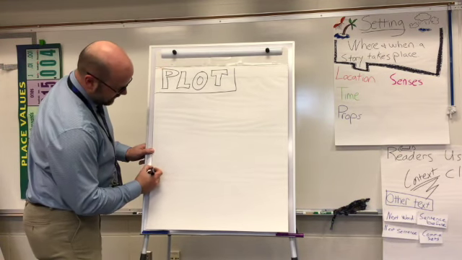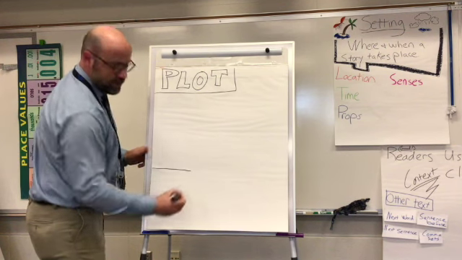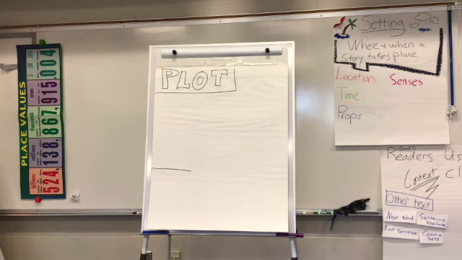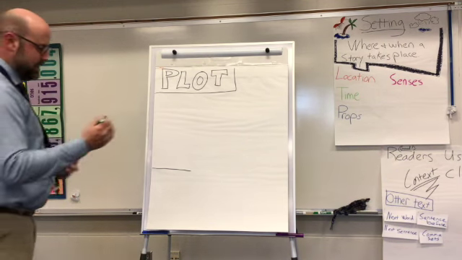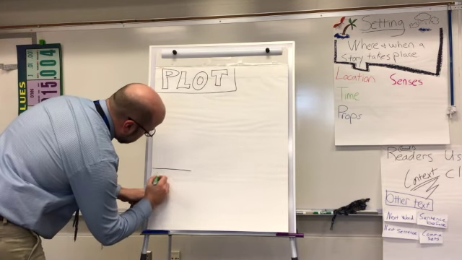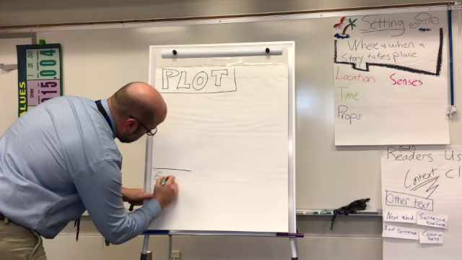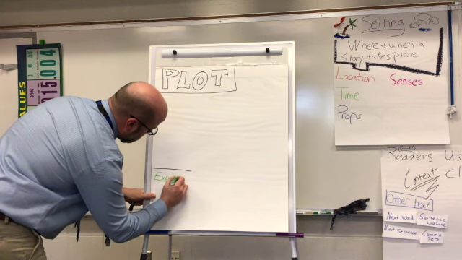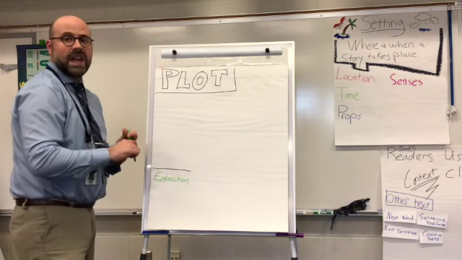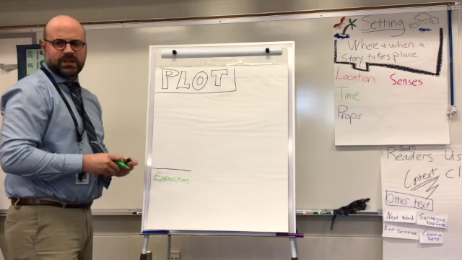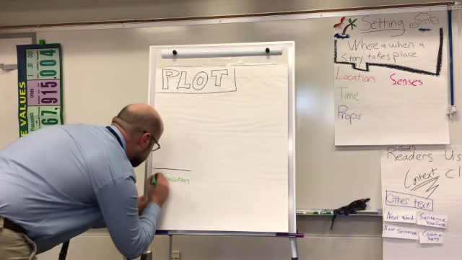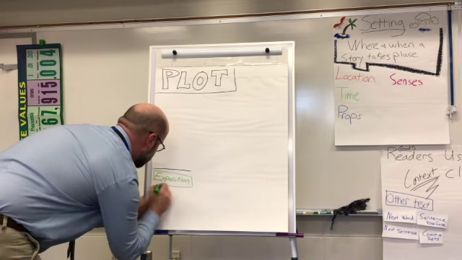It's gonna be kind of a rising graph. And this first part, let me get my markers out here, is the exposition. Exposition. It's kind of a fun word to say. Exposition is the beginning of the story. I'm gonna write in green here just because.